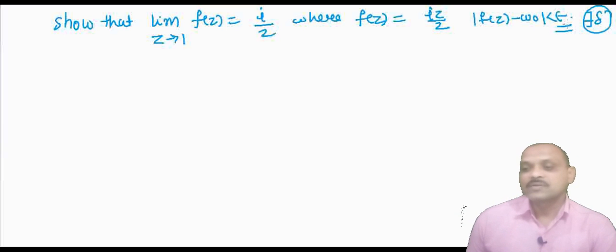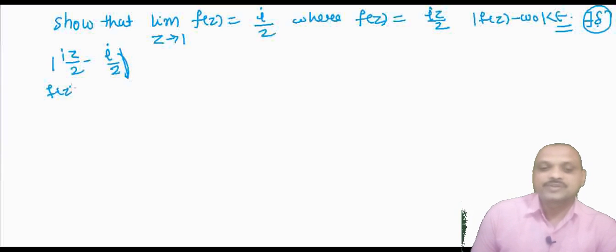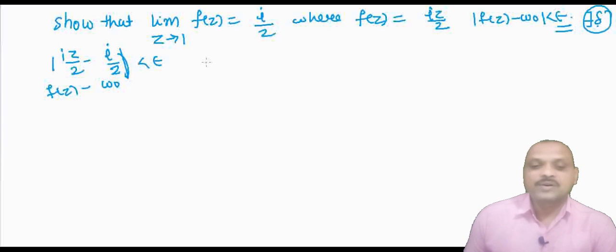So here what is needed? We need to find this value of delta. That means we have to show that whenever mod of iz divided by 2 minus i divided by 2, where this is my f of z and this is my w0, is less than epsilon, there must be a delta.